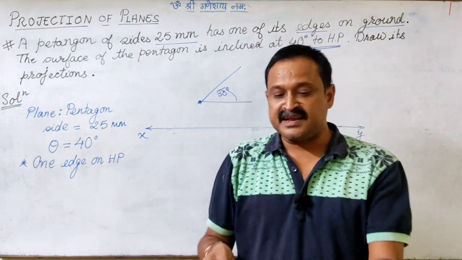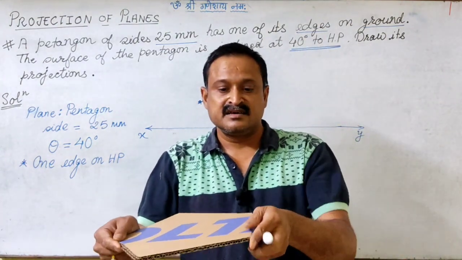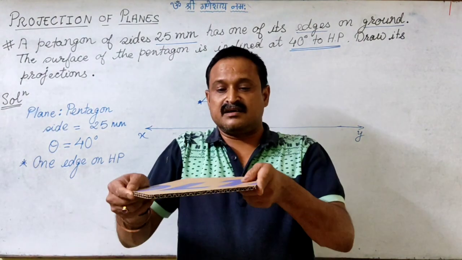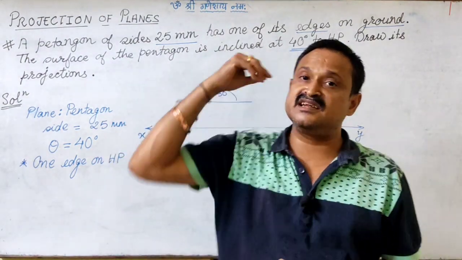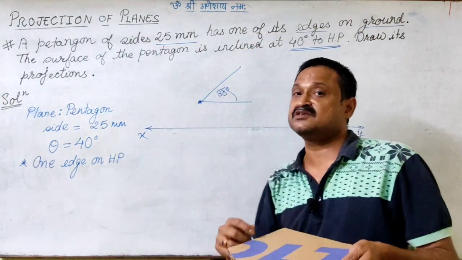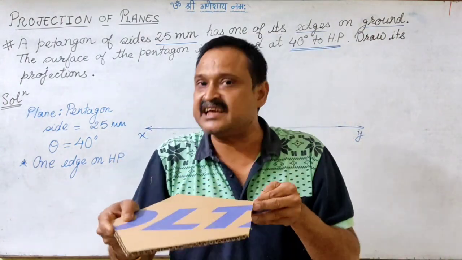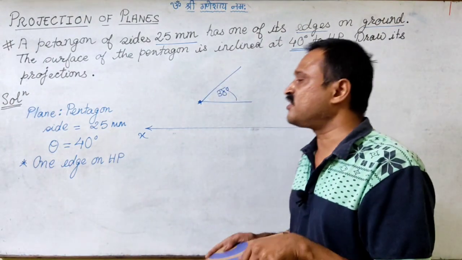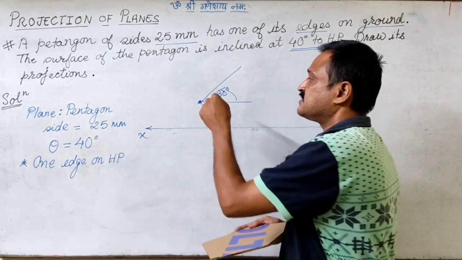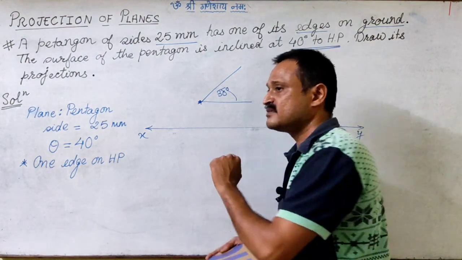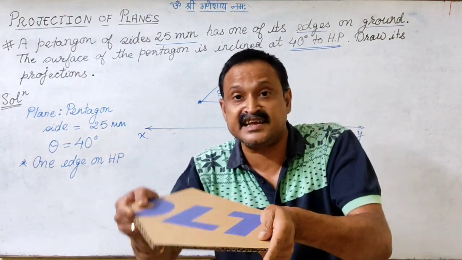So when I am rotating this plane about an edge, I will have to draw the inclination also about that edge. And I can draw this inclination only if I have a reference point. But here the reference is an edge.